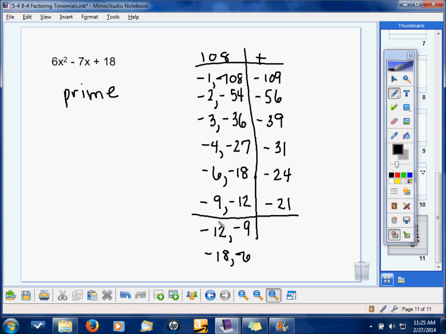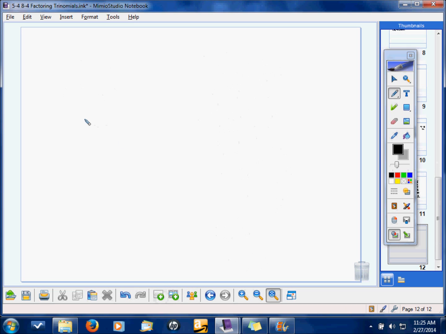Can we do number 3? Number 3, sure. Let's do number 3. Let's see. 16r squared minus 8r plus 1.